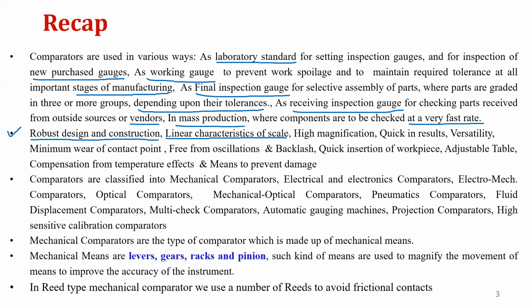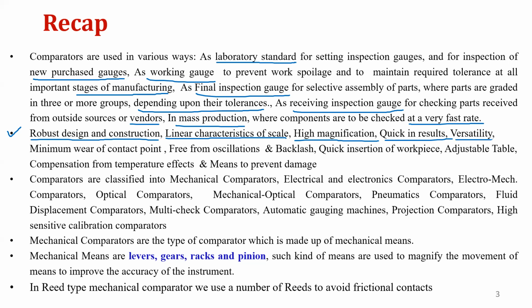The third characteristic is high magnification, so that even the smallest movement of the plunger can be read by the comparator. The fourth characteristic is quick results: the comparator should provide results in the least possible time.